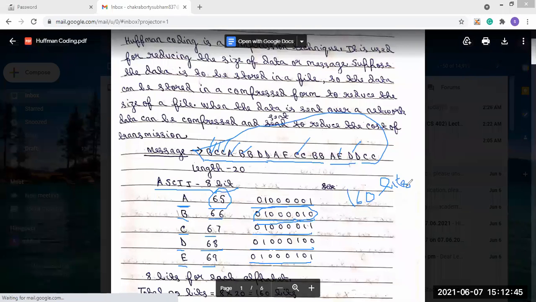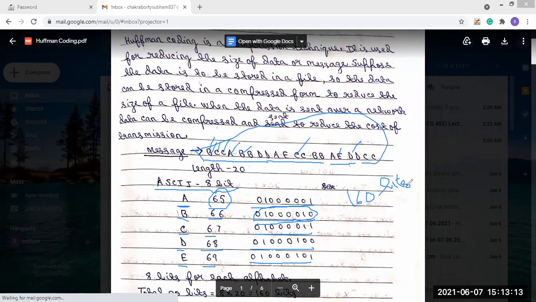Now, if we send these 160 bits over the network, the cost of transmission will increase. So we have to use a compression technique. How can we use the compression technique? First, a fixed size format is given, and after this fixed size format is used, we reduce some of the bits, but that is not optimized.